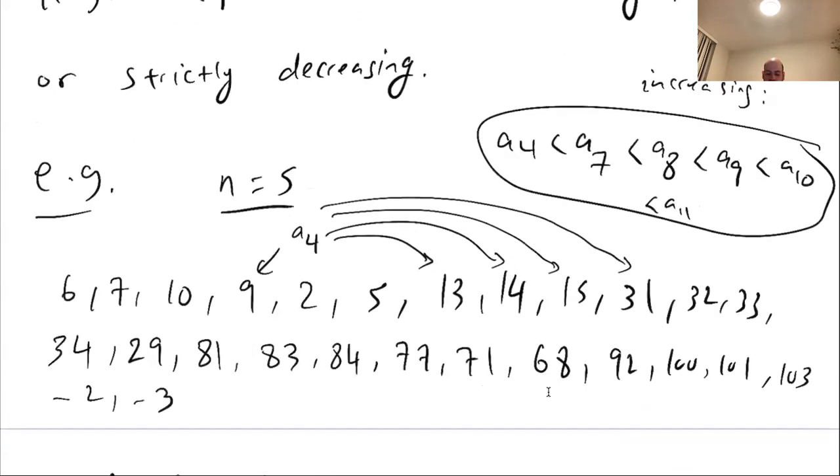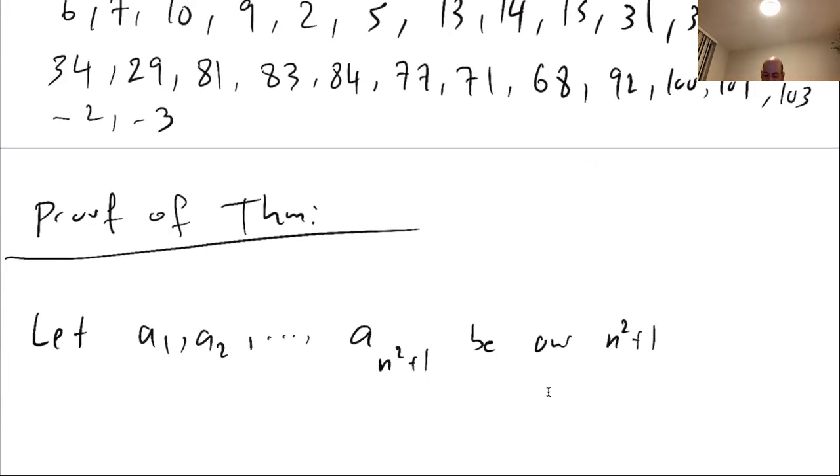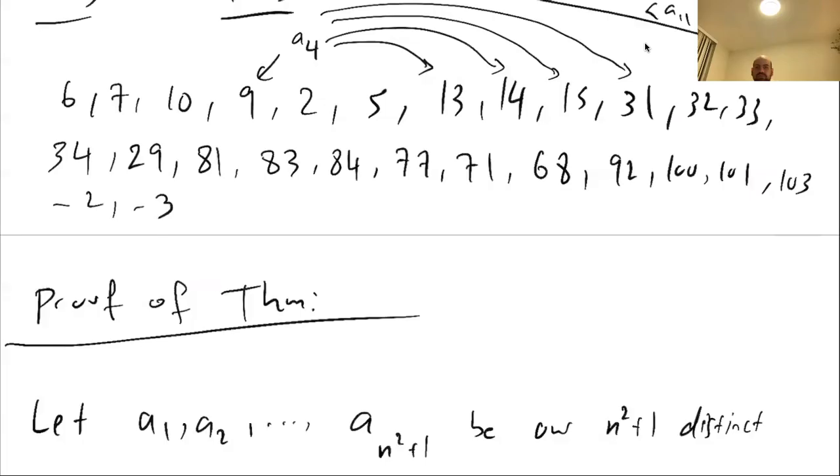Let a1, a2, all the way to a n squared plus 1 be our n squared plus 1 distinct real numbers. We call them a1 to a n squared plus 1.